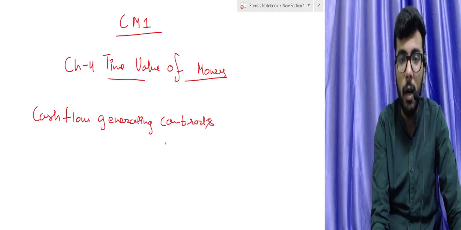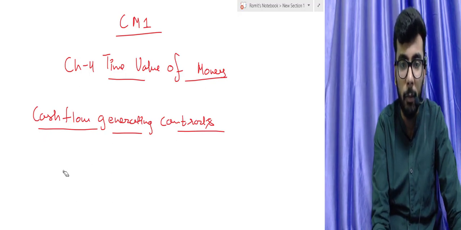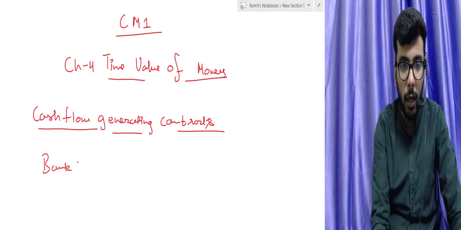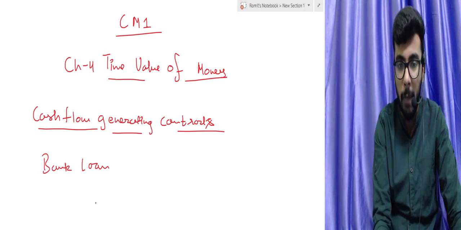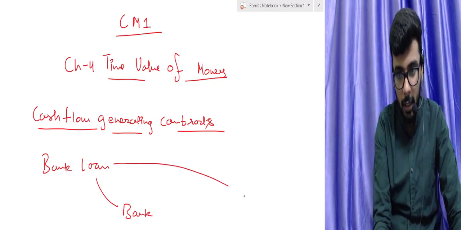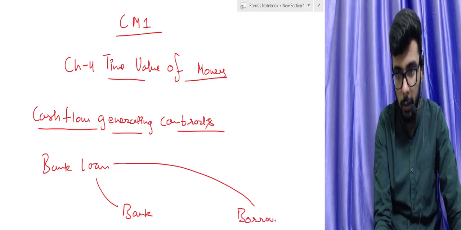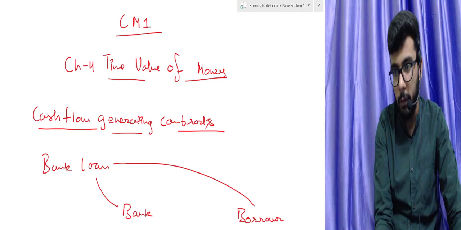To understand them, I would take a very simple example, that of a bank loan, and we'll look at it from both perspectives: from the perspective of the bank, which lends to the customer, and from the side of the borrower.